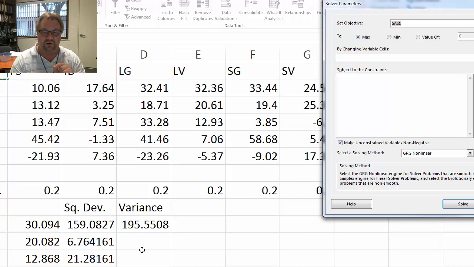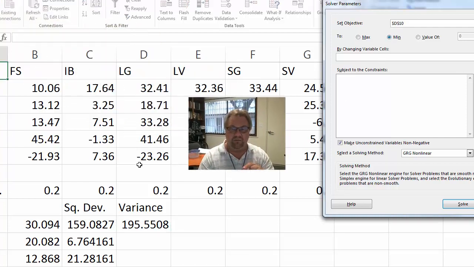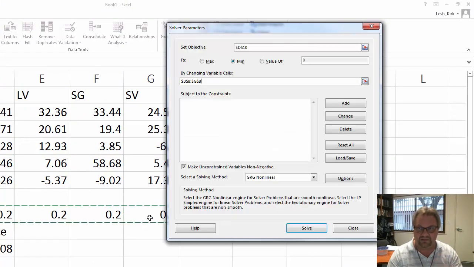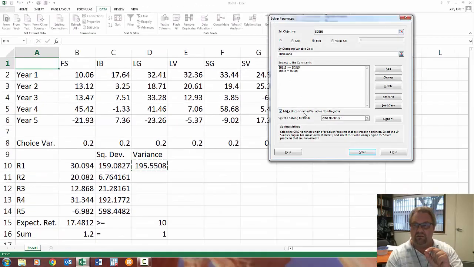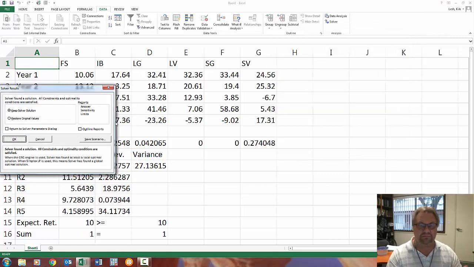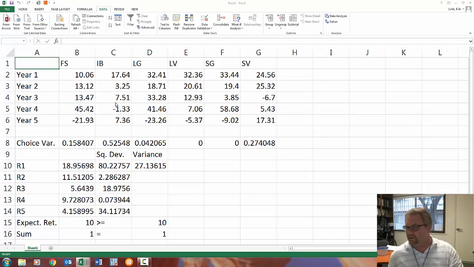All right, so I want this cell to be minimized by changing these cells, subject to this has to be greater than or equal to this, and that has to equal 1. Non-negativity, I got my linear, solve. Hit OK, and there you go.